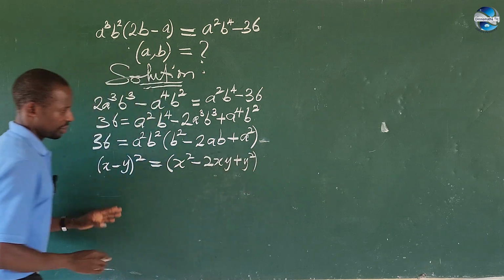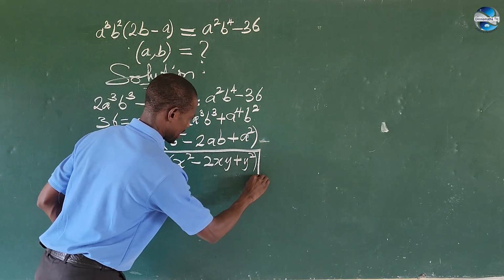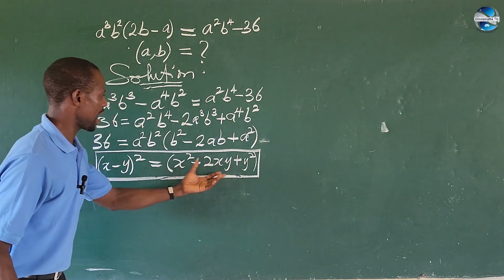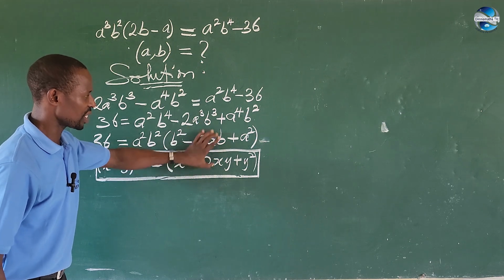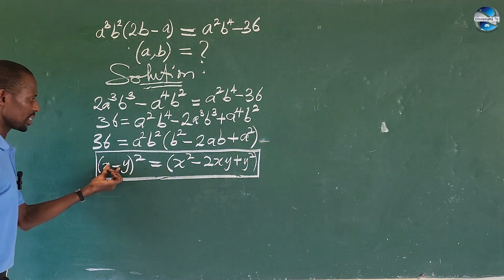If we have this as our algebraic identity, now let's compare it with this. We have a similar expression here, so we can express this in this format.